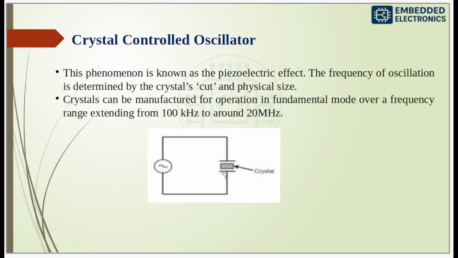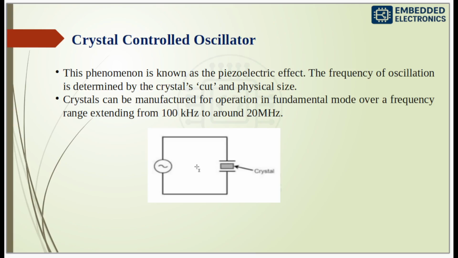The crystal acts like a very precise filter, allowing only its specific frequency to pass, making it ideal for highly stable, accurate frequency generation. To obtain a very high level of oscillator stability, this crystal is generally used as a frequency determining device to produce high frequency stability in oscillators. Such oscillators are called crystal oscillators.